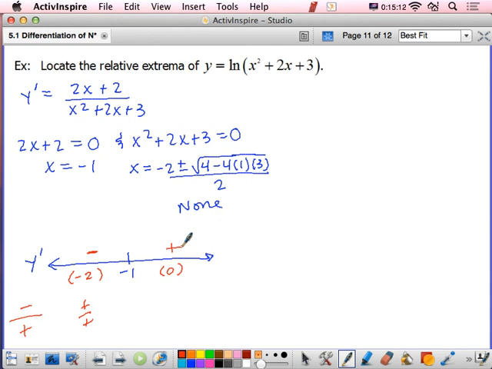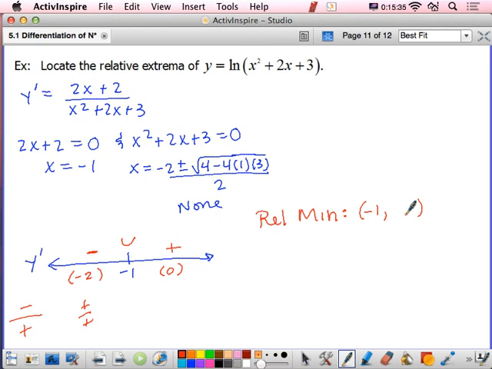And then it asks me to find the relative extrema. So that's going to be a relative min or max? A relative min? Yes? Okay, so it looks like we have a relative minimum at negative 1, comma. How do I find this number? Okay, that's the one that goes into the original, right?